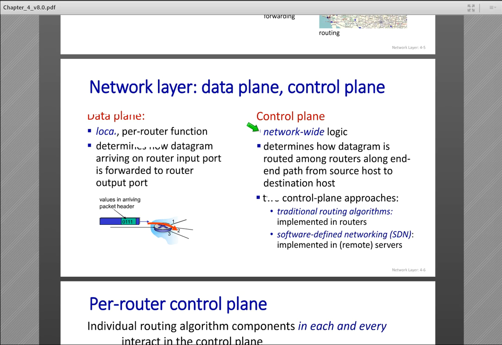So the control plane is about routing. We should define a route for the arriving packets. It's about control actions in routers.